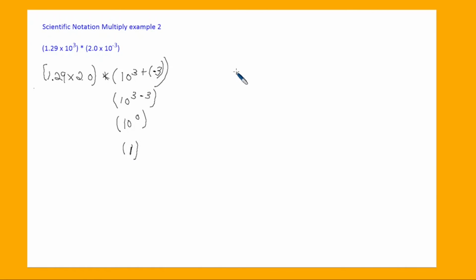Now, once again, being calculator free and yet still trying to show my work, which is a part of the reason for doing this, I have 1.29 times 2.0. So once again, that's going to be a 0. 2 times 9 is 18. So there's the 8.